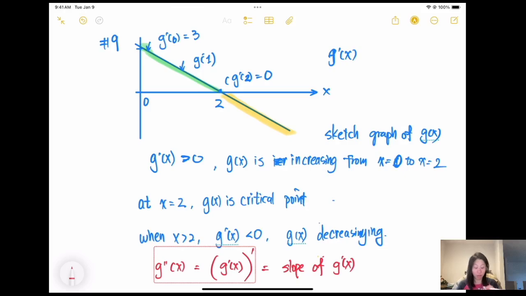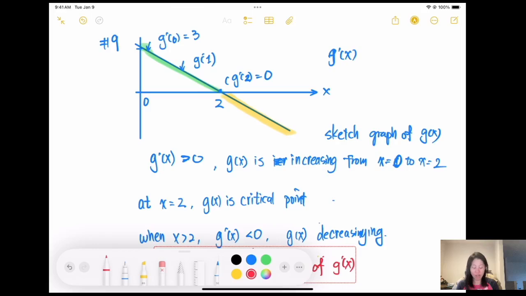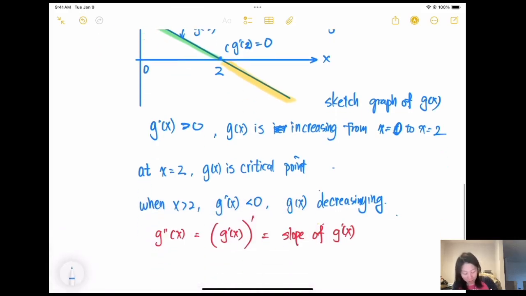So now let's take a look at the slope of this graph. It's going to be negative, right? Because the graph is going down. So now we know that the second derivative is negative, that means it's less than 0 for all x. That means this is going to be concave down.